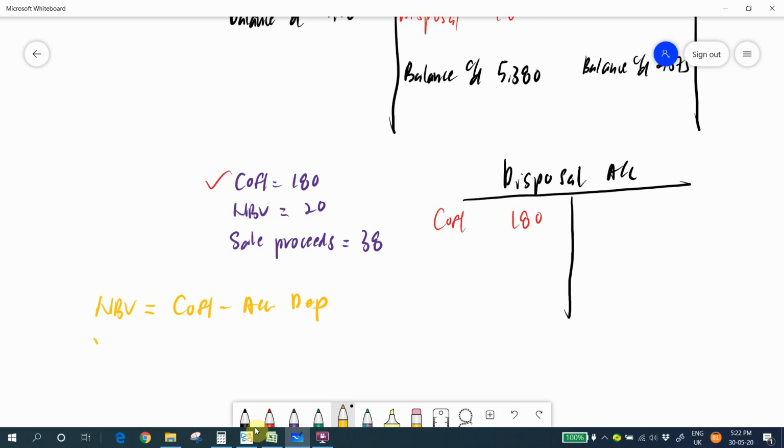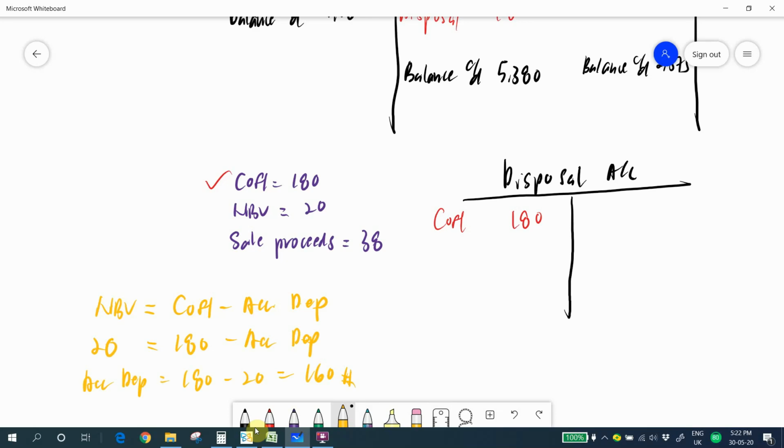In this question, we have cost 180, we have NBV, but we don't have the information of accumulated depreciation. So your accumulated depreciation will equal 180 minus 20, which is 160.